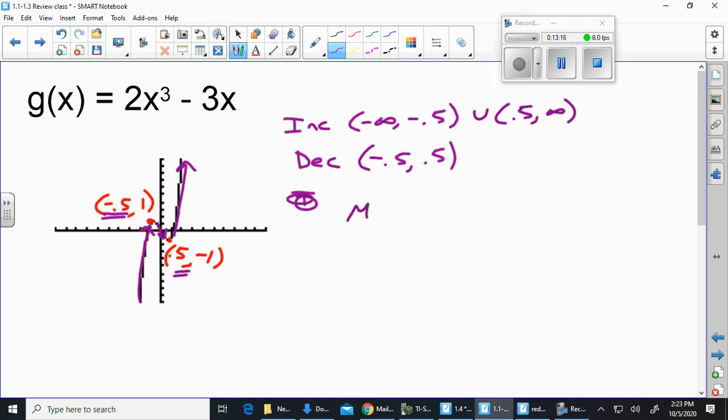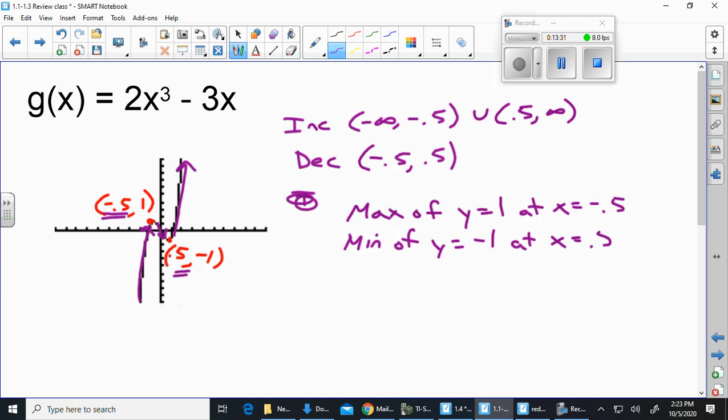Extrema, max of y equals 1 at x equals negative 0.5. Min of y equals negative 1 at x equals positive 0.5. This is not bounded because it's going to infinity to the right and negative infinity to the left.